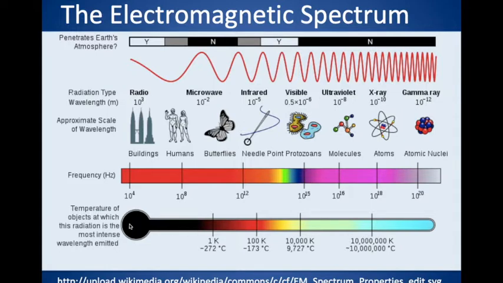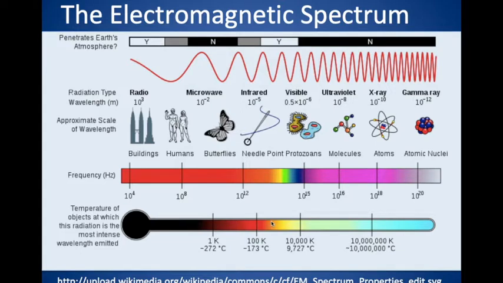This last graphic here is the temperature that an object would have to be to radiate at a certain frequency or wavelength. So you all know the expression red hot. If something gets hot, it glows red. So that happens in the range of several hundred degrees Kelvin.